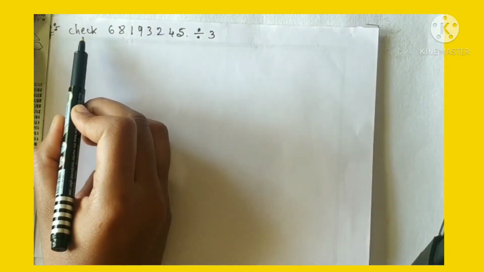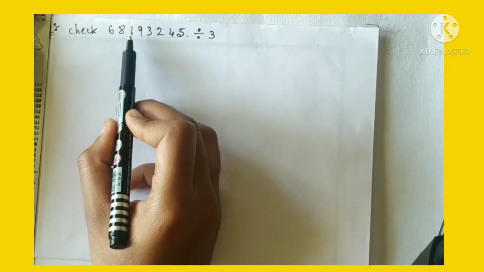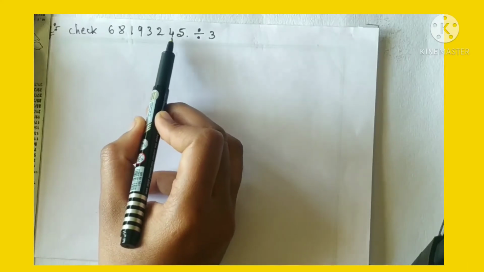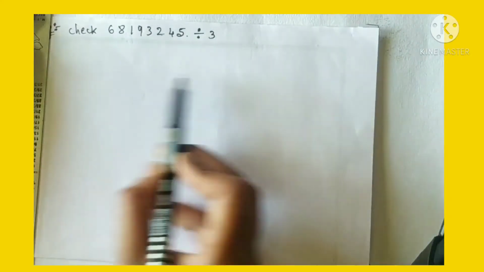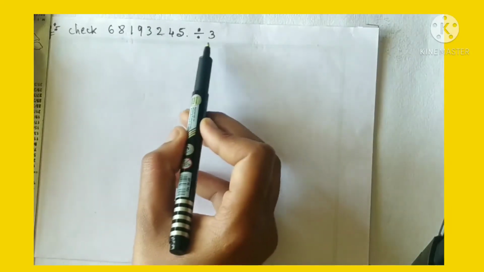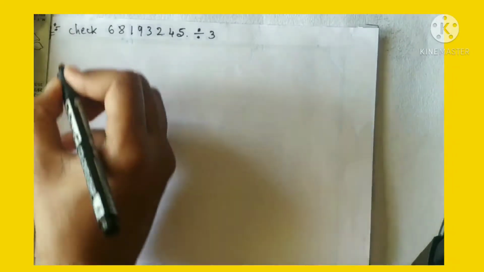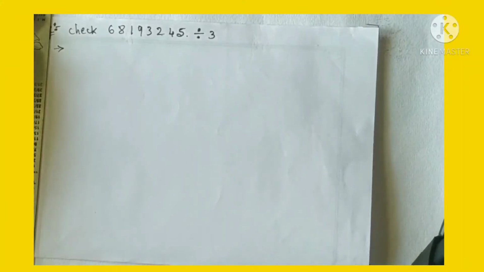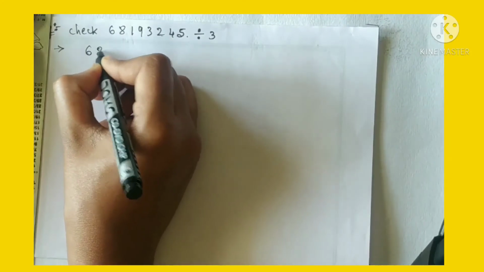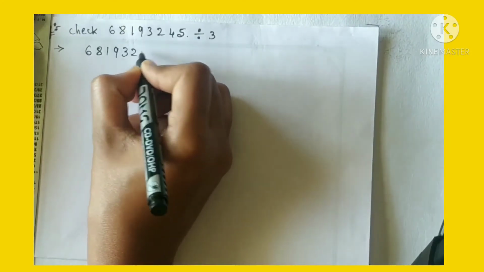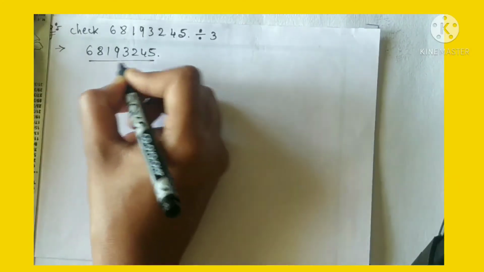Now the example is: check whether 6, 8, 1, 9, 3, 2, 4, 5 is divisible by 3. To check whether this number is divisible by 3 or not, we have one rule, that is the sum of the digits. By adding these numbers we have to divide. It is a somewhat long process, so I directly divide it. I write the number as it is and divide by 3.